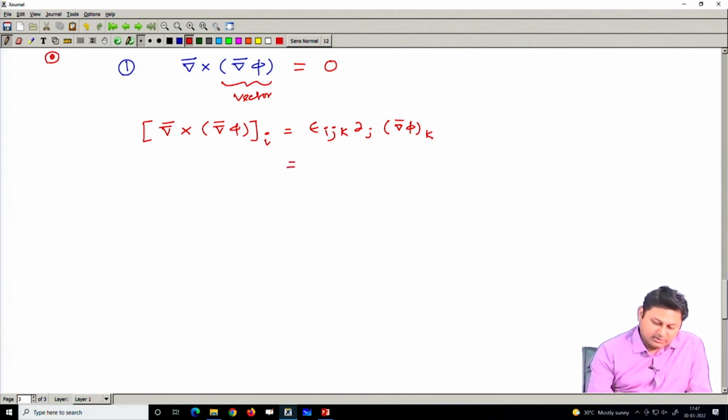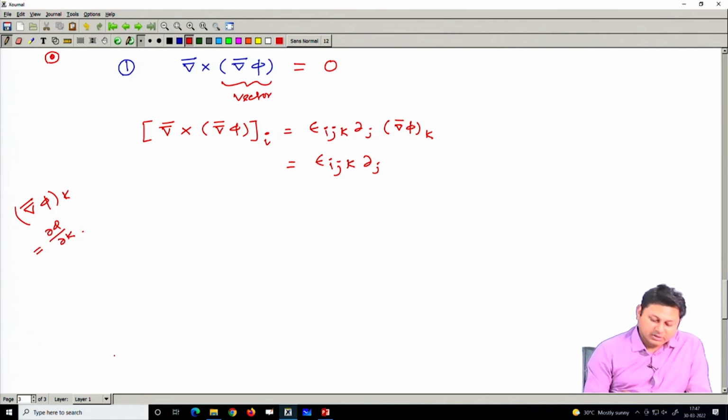So, here then further I can write epsilon i j k, and what is the kth component of the gradient of phi? It is simply del phi by del k, right.